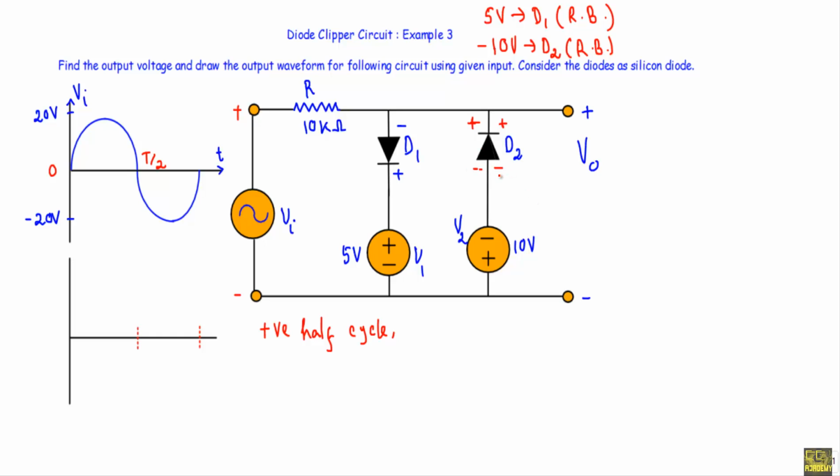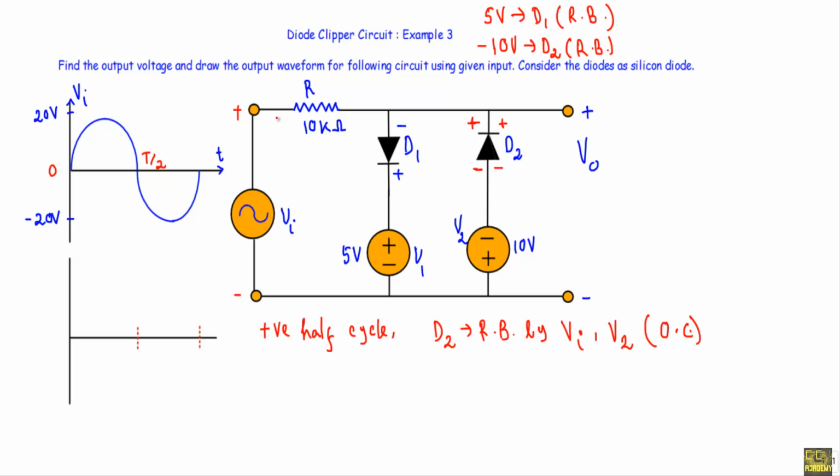That means during the positive half cycle, due to the bias voltage V2 and the input voltage Vi, the diode D2 will always be in reverse bias. In that case, I can replace it with an open circuit during the positive half cycle.